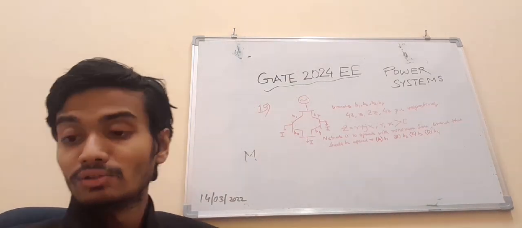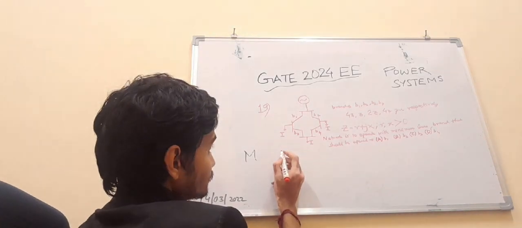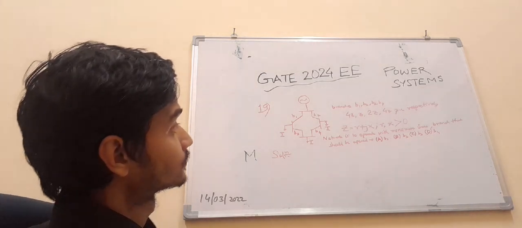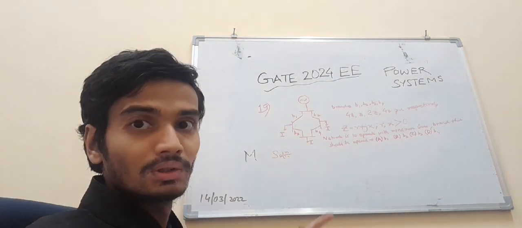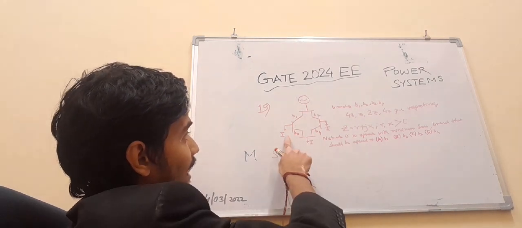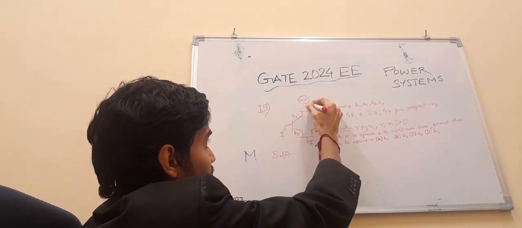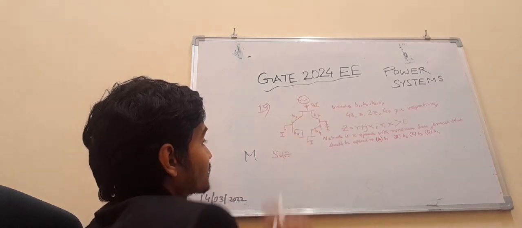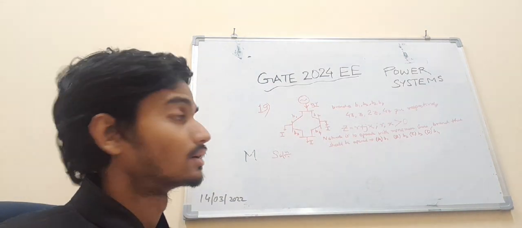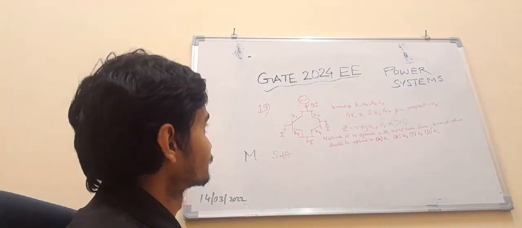Okay, so let's start with the solution. As the total load current drawn by the 3 buses is I plus I plus I, is 3I, so generator must be delivering 3I, right? Now let's calculate the losses one by one by opening each of the branches.